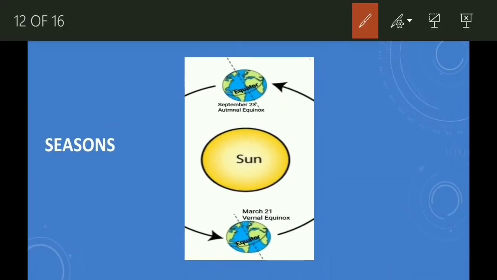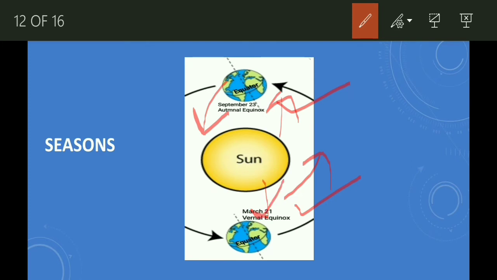Children, in between these two seasons there are the autumn season and the spring season. This is when the earth is neither tilted towards the sun nor away from the sun, meaning the northern hemisphere and southern hemisphere are equally away from the sun.